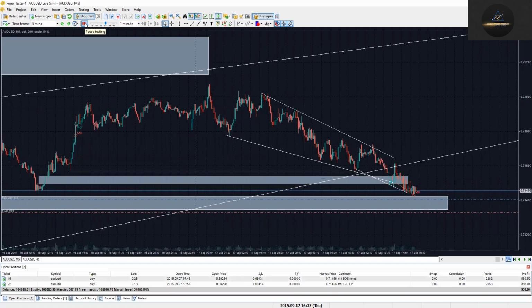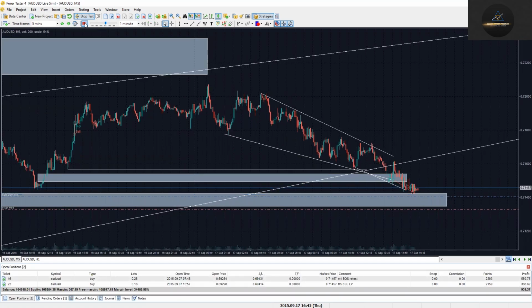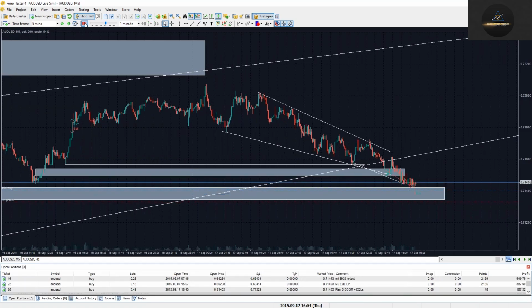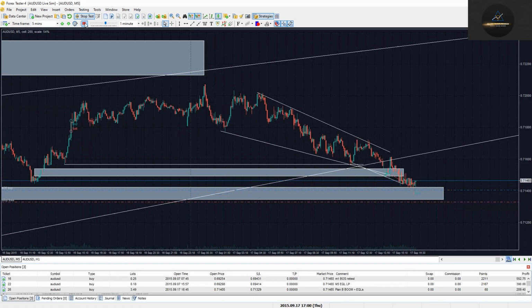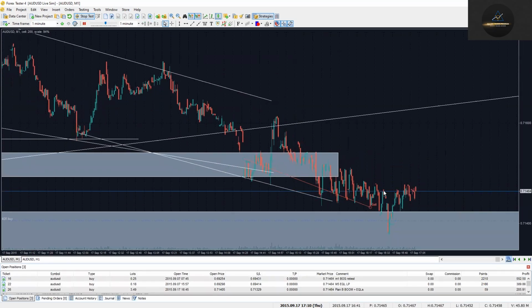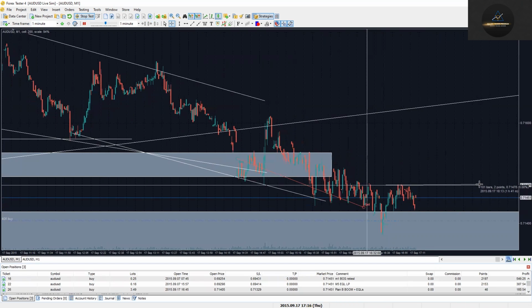Okay, as plan A is mitigated, plan A is invalidated. Plan B. Okay, let's go to the M1. Breaker structure, come on, give us a nice breaker structure.